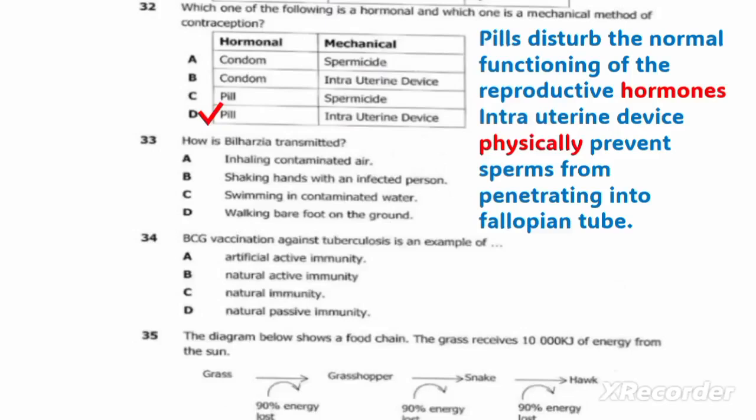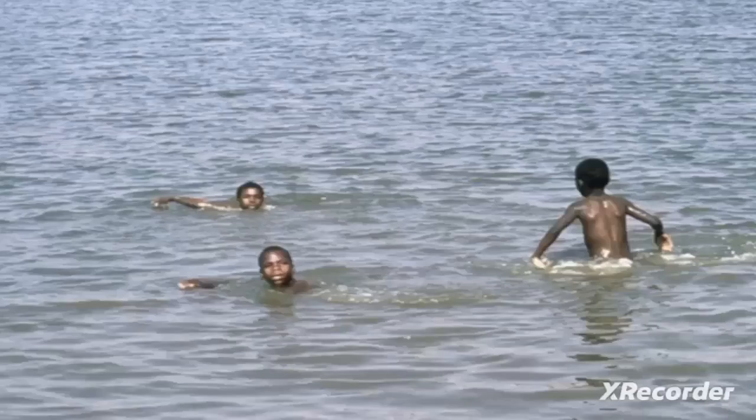We shift to the next question, which is question 33. The question reads, how is Bilharzia contracted? So the pathogen that causes Bilharzia is schistosoma, and it is found in contaminated water.